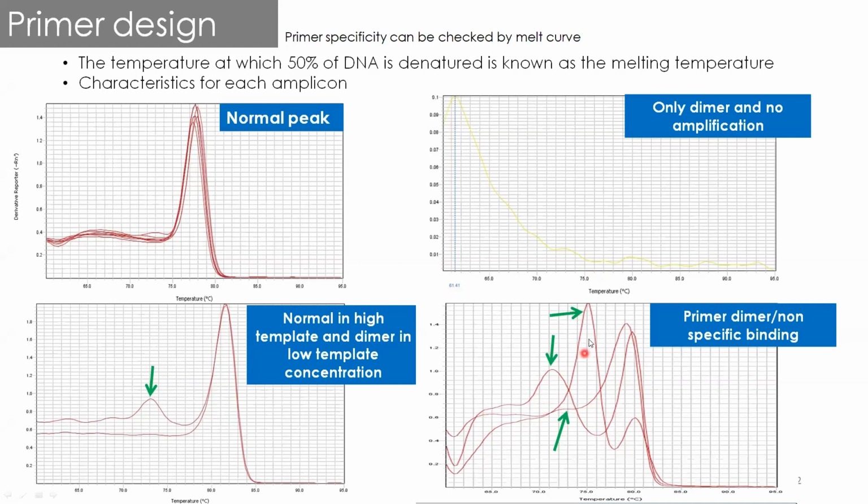In this image, you can see that at the higher concentration, if you follow this arrow, there is one peak. Whereas as soon as you decrease the concentration of the template, what is happening? You have more primer, since the primer is constant, but your target gene is less. So in that case, it is forming a dimer.